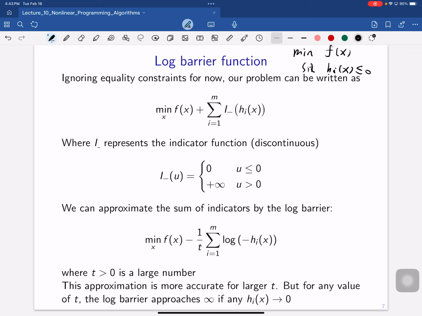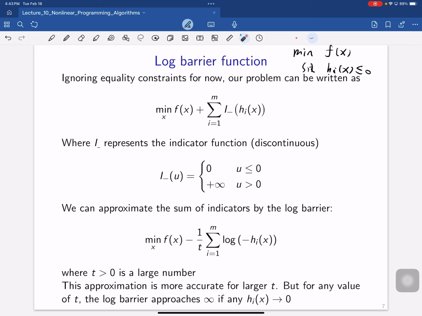We ignore the equality constraints for now. And then the idea is, instead of putting those h_i(x) less than or equal to 0 in the constraints, we put them in the objective function.